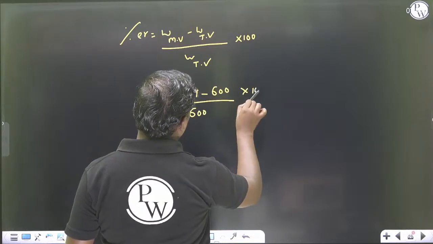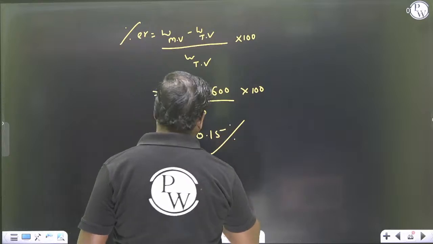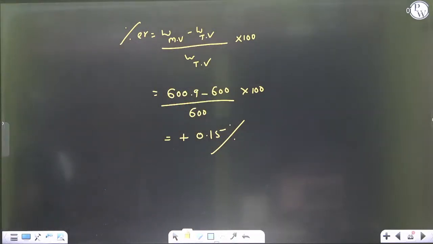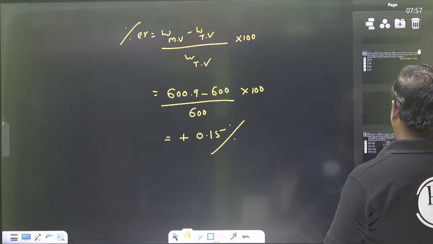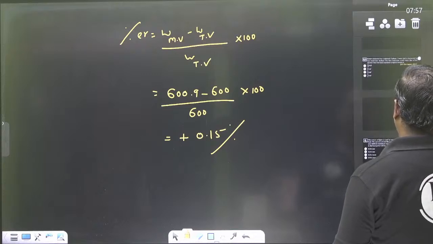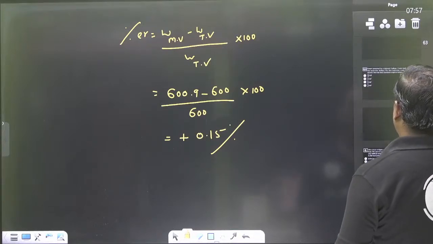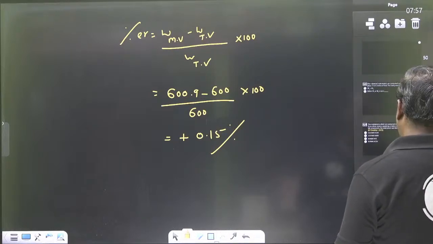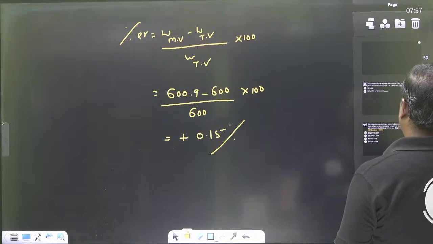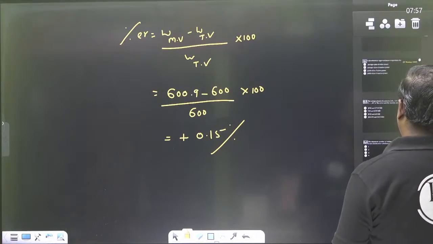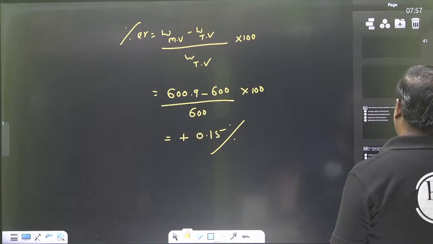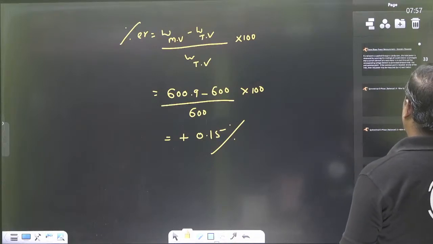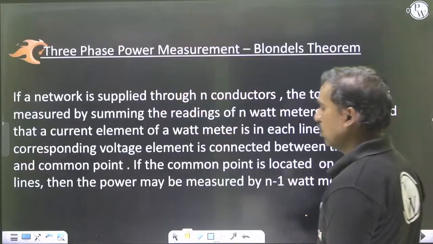Percentage error is 0.9 by 600 into 100, plus 0.15. Please note down, take a break.